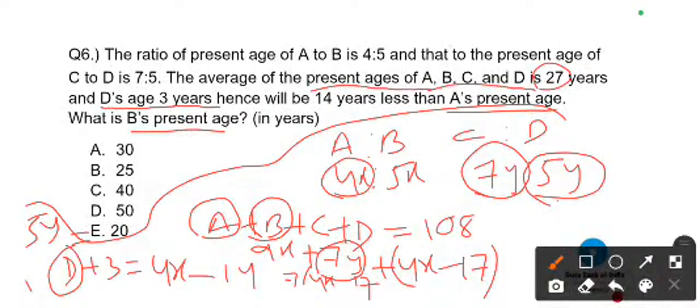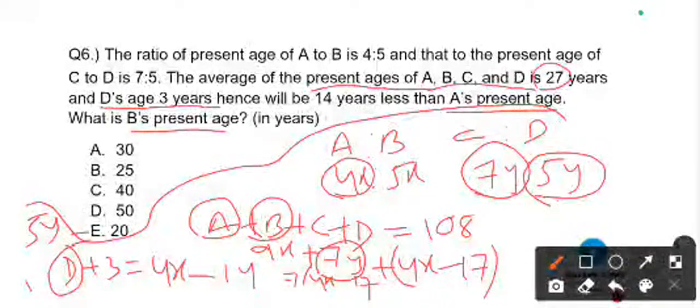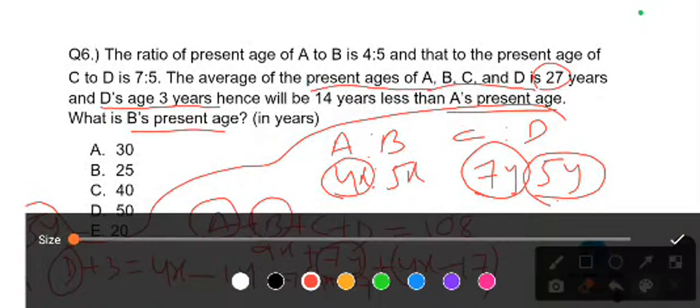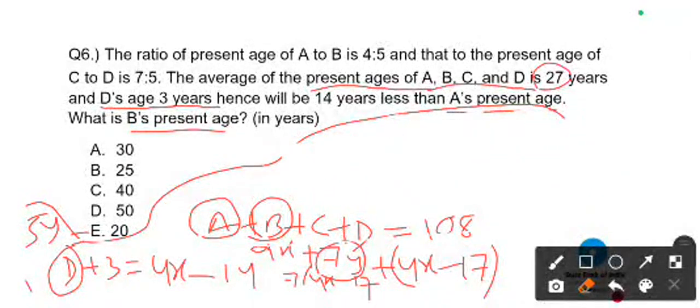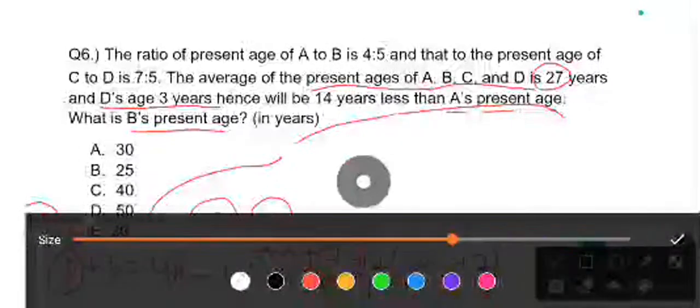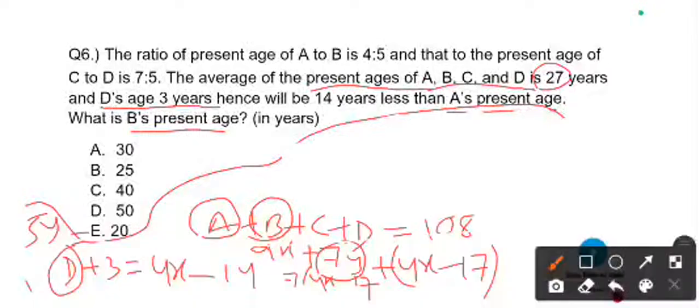So what we have is 9x plus, let's say, make some space. 7 into (4x minus 17) divided by 5, the y value.